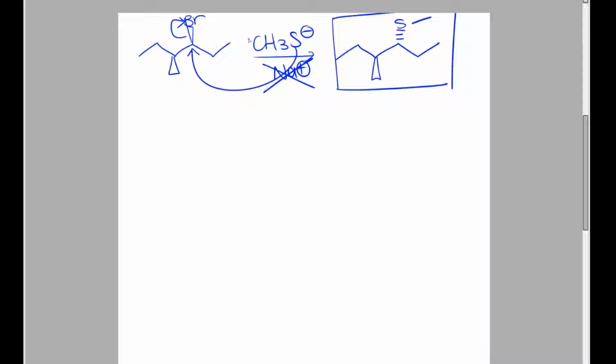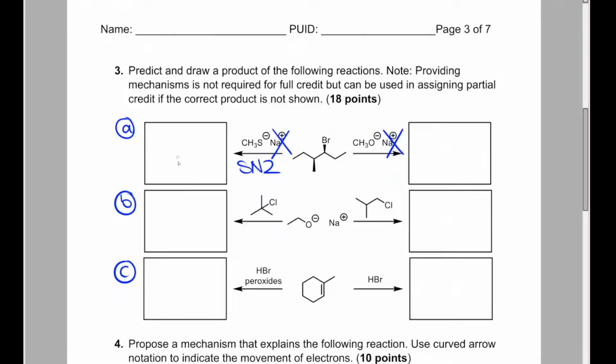And because the leaving group stays on until that happens, you can see that in this case, this top side with the wedged bromine is blocked off. So the nucleophile, the CH3S-, cannot attack from the top. It has to attack from the other side, the bottom. And that's why we have inverted stereochemistry when it comes to SN2 mechanisms. So that's going to be our product, and I'm going to draw it over here.